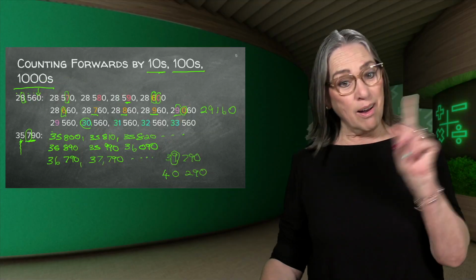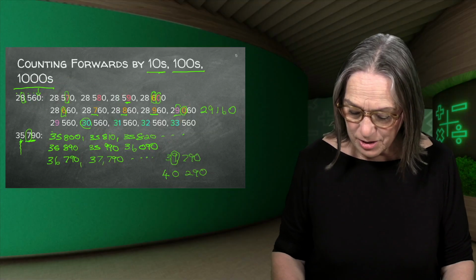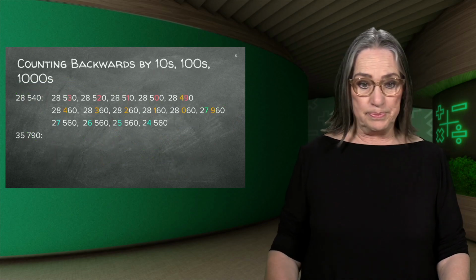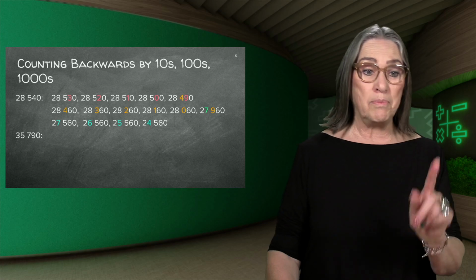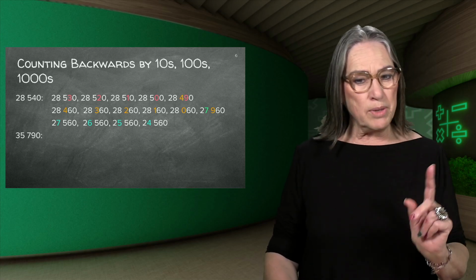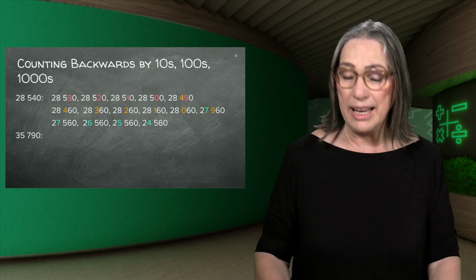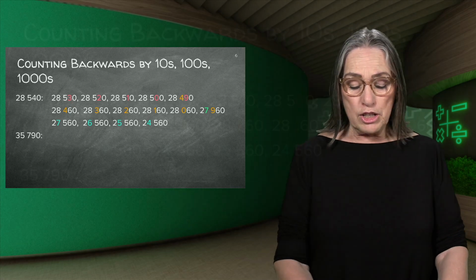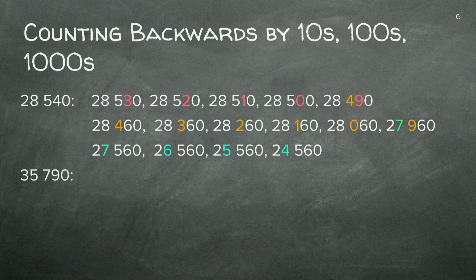Okay, so now we're going to count backwards. If we count backwards, a similar thing will apply. But just when we get to the end, let's make sure that we understand. 28,540. So they ask us to count backwards by tens.